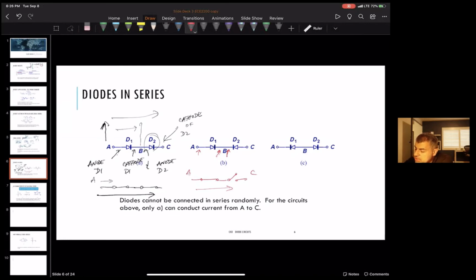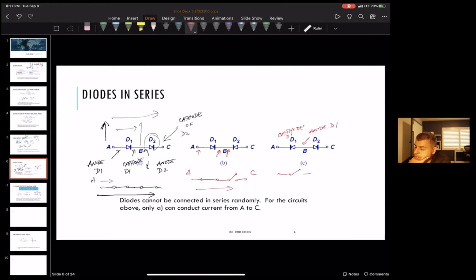And then C, you see the first thing is we've got the cathode of D1 here, and the anode of D1. Since the cathode of D1 is higher than the anode, it is now an open switch.